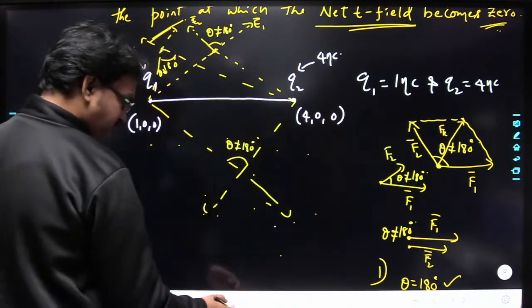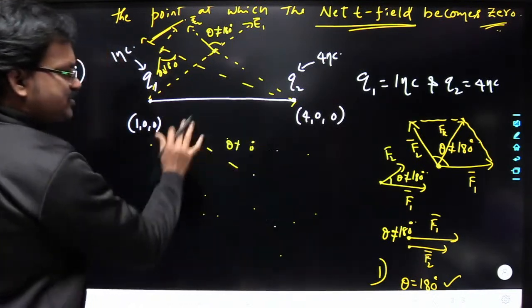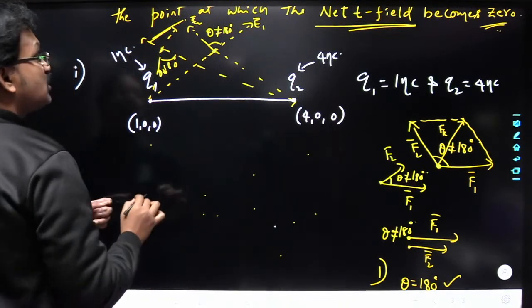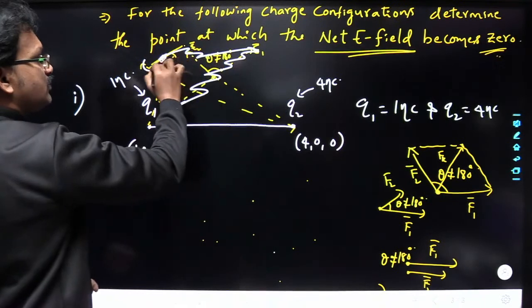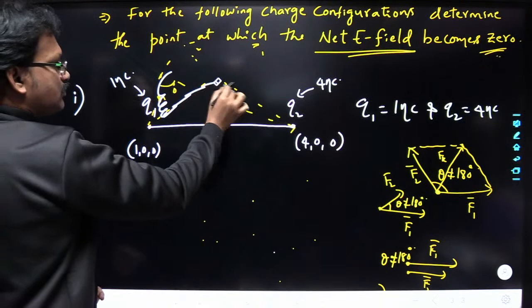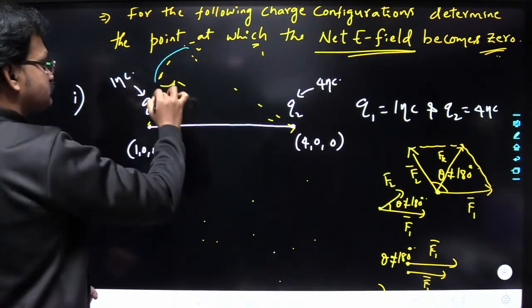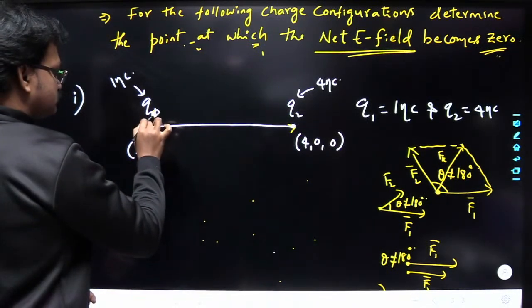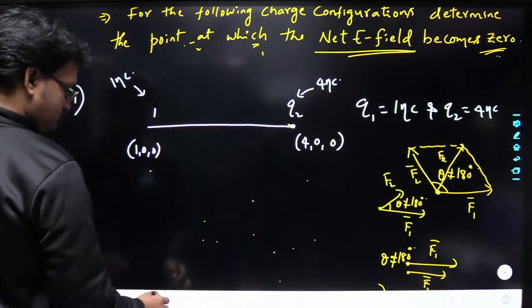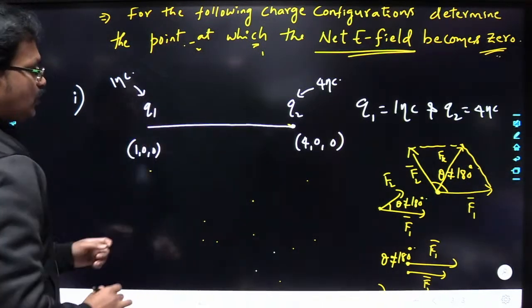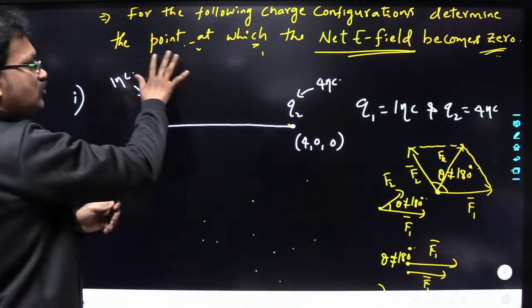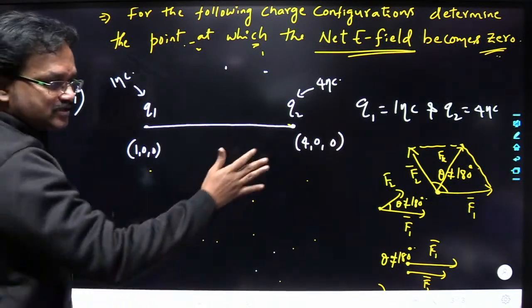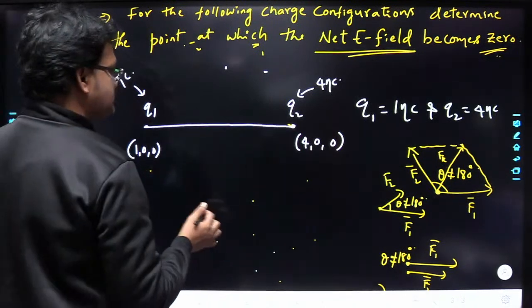So in this manner, whatever point you take in this region, everywhere the angle condition, that is theta, is not equal to 180 degrees.